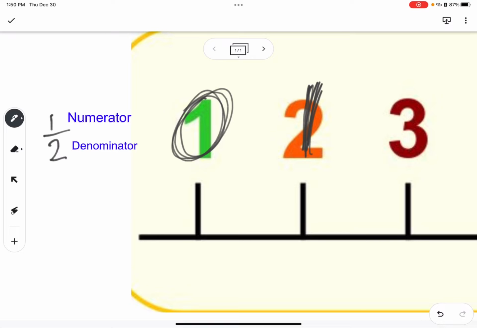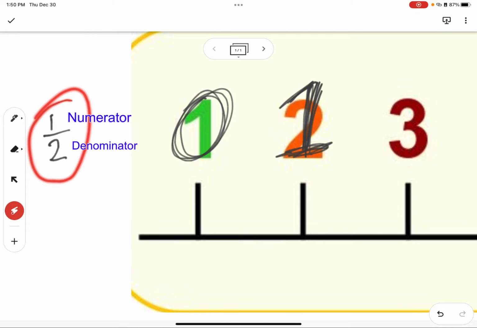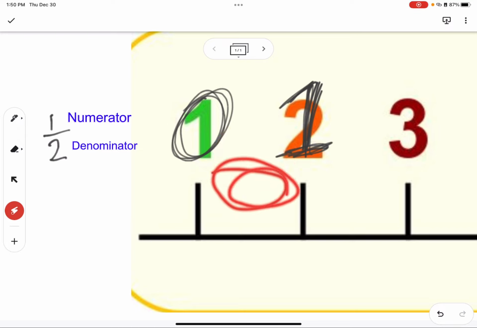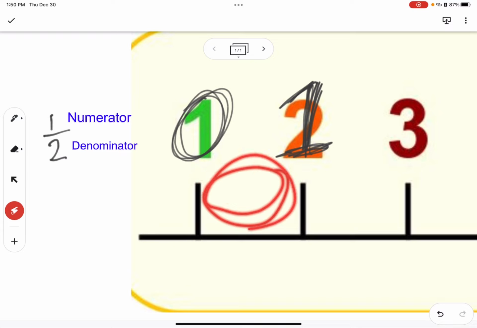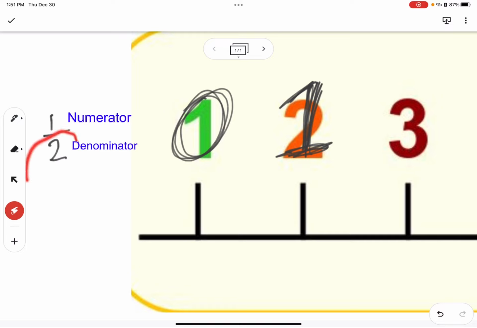So if we've got the fraction 1/2, let's look at what each part means. The denominator, what does that mean? That means that the 1, or the whole, all this distance in between here, is divided into 2 equal parts. When I say you've got the fraction 1/2, how many equal parts is the whole divided into? You're going to say 2.